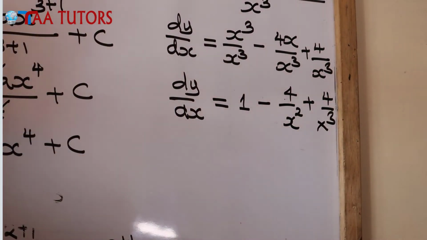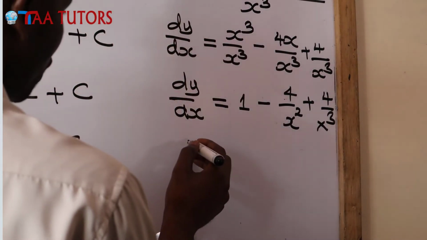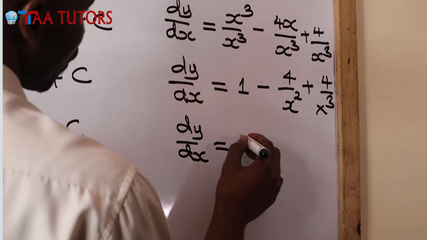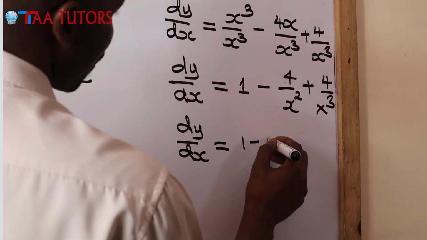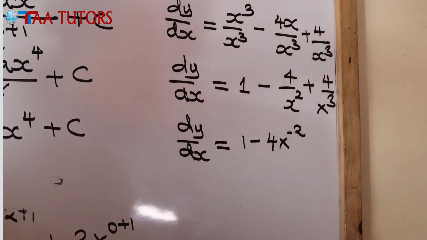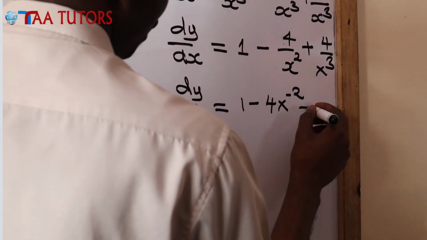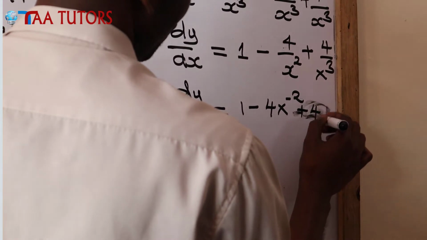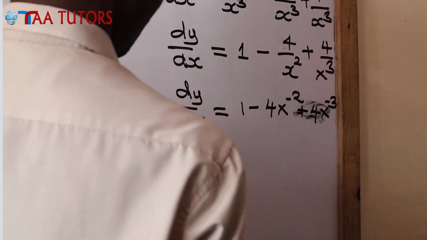So what we are going to do in this case is to remove the fractions, and dy/dx equals 1 minus 4x power negative 2, if we get the reciprocal of 1 over x squared, plus 4x power negative 3.